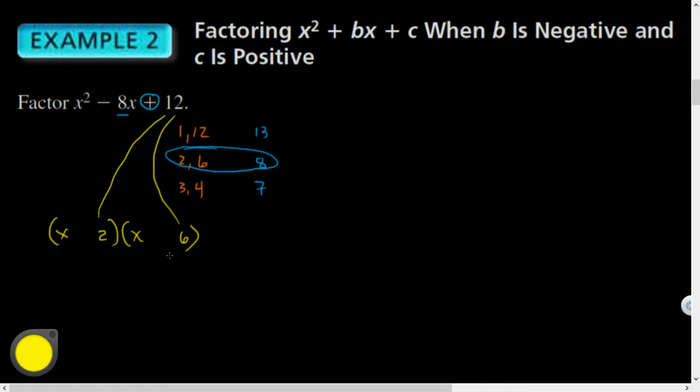And so these are going to have the same sign. And now I've got to ask, what would add to be negative 8? Would positive 2 and positive 6 add to be a negative 8? No. However, a negative 2 and a negative 6 would work out.